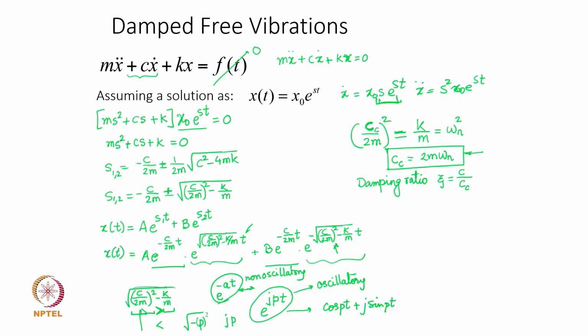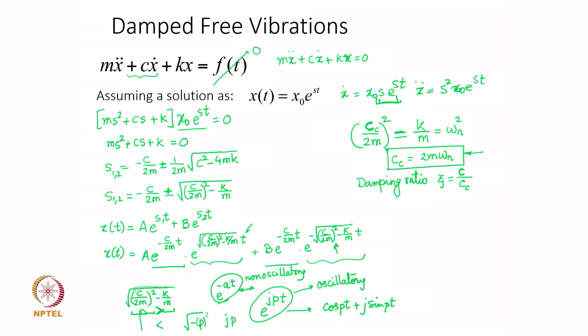So, for a given system Cc is fixed, it is a constant value. So, for a given system, the actual damping in the system C is normalized with respect to the critical damping coefficient Cc. So, this is sort of a normalized damping value zeta. It is also called the damping factor or damping ratio, and it is a ratio of C over Cc.